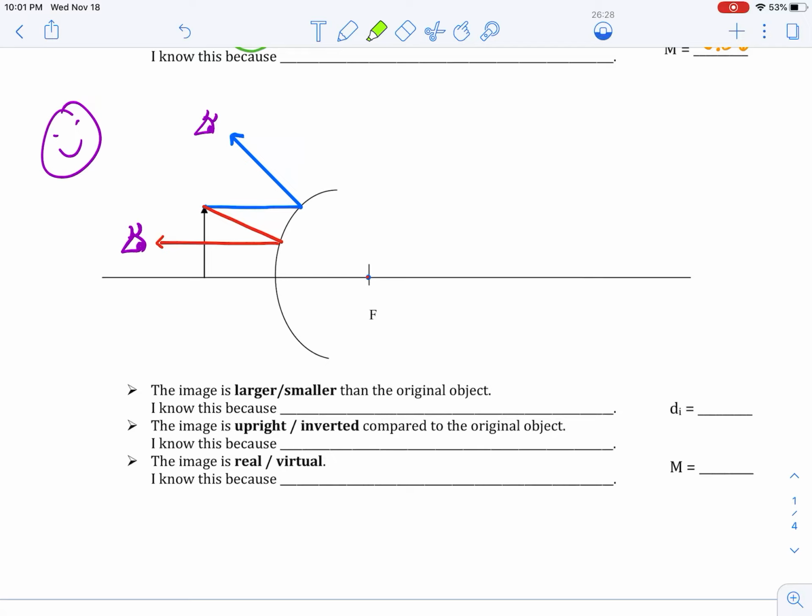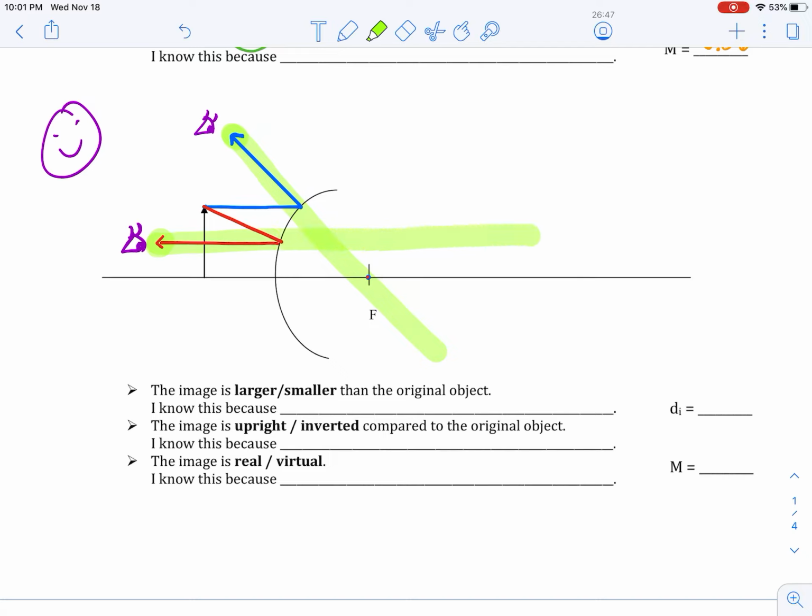These lines actually intersect. Remember, your brain does not know that this is a reflected beam of light. Your brain says, here is the light that comes to my eye. The light travels in a straight line, so it came from back here somewhere.